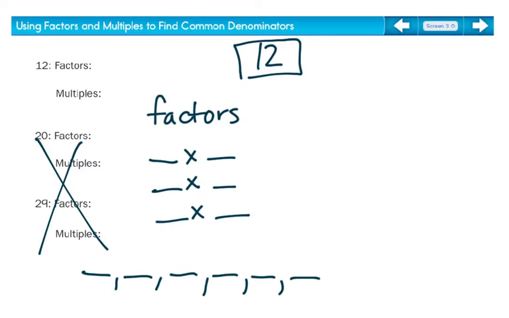Then I want you to write out the first 6 multiples of 12. I'll give you a little hint. 1 and 12, and this one's 12. Go ahead and do that on your whiteboard. Pause your video as needed.